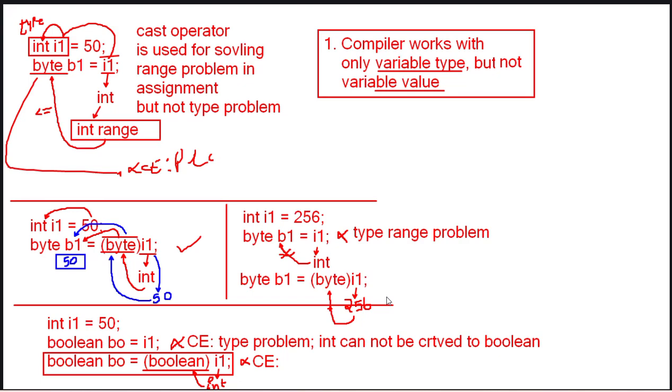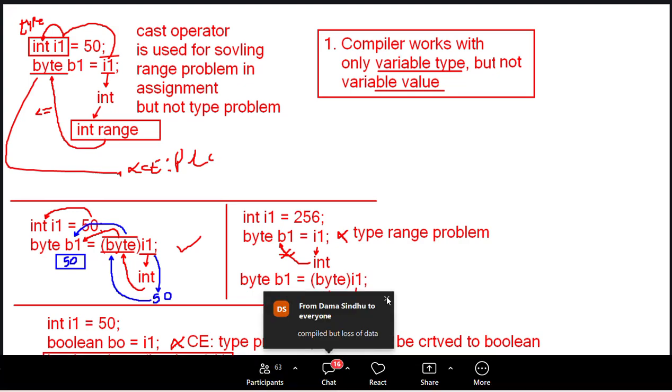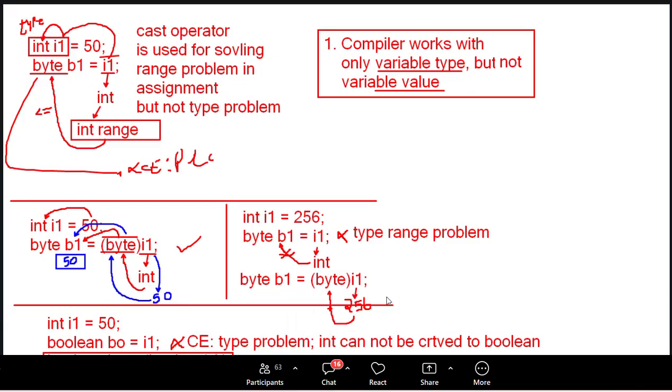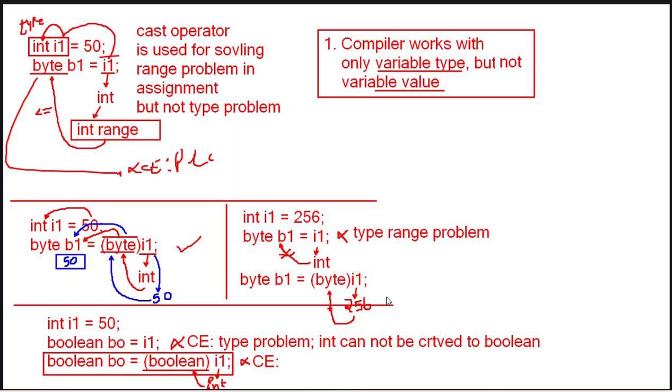That's why reduce the value. 256, let it decrease, no problem. 1000.45, I am ready to lose that 45 paisa, no problem. That is my target. Byte cast operator I am using to reduce the value if the value is not in the range. That is the functionality of cast operator.